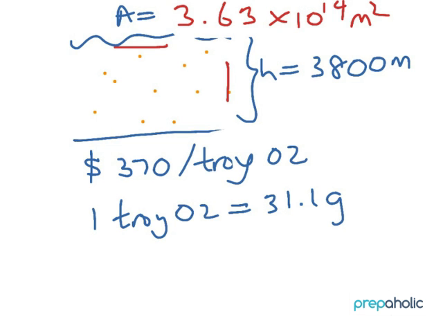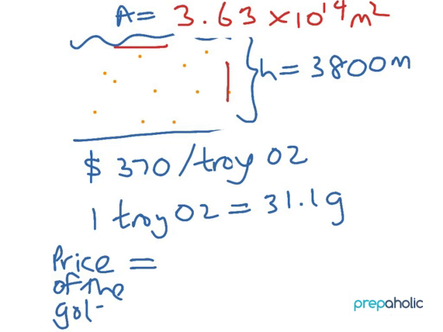So eventually we're calculating the price of the gold. We know that the total mass in the ocean is equal to 8.00 into 10 to the power 12 grams.